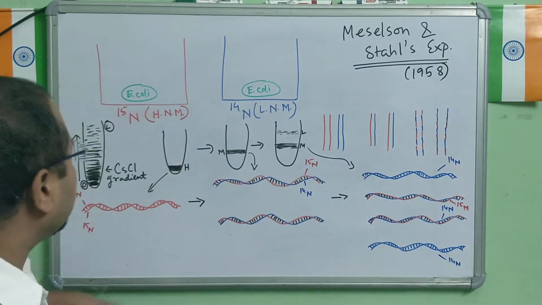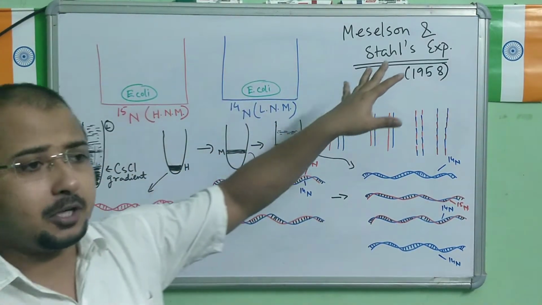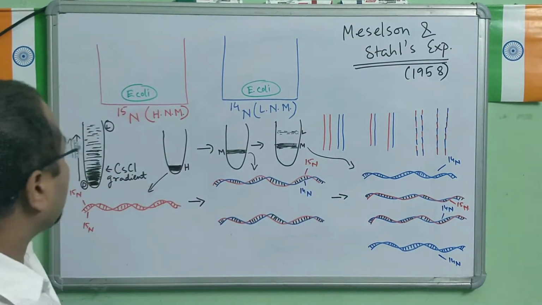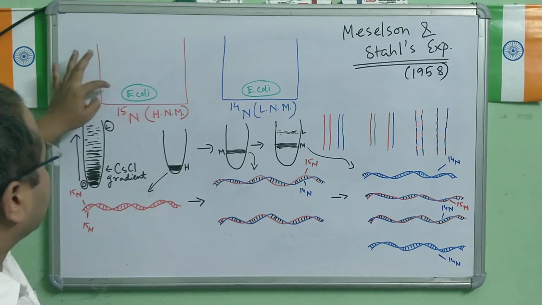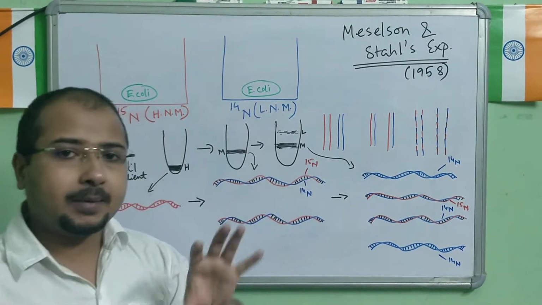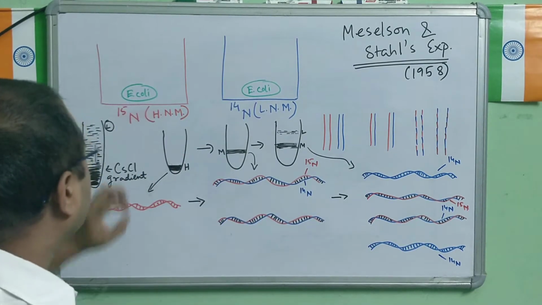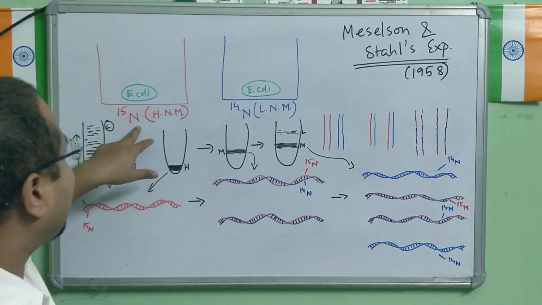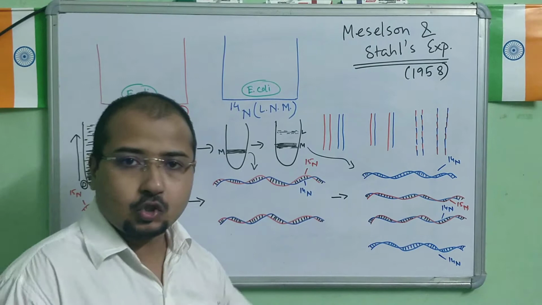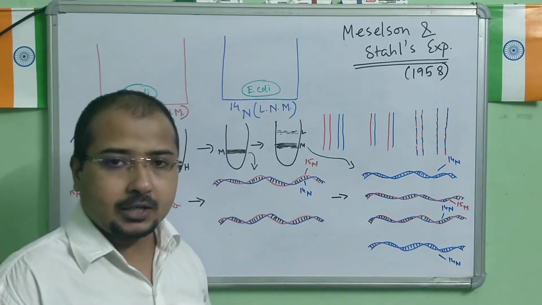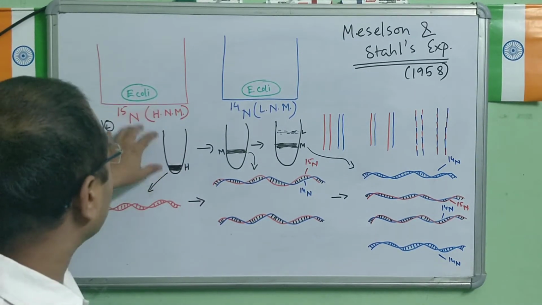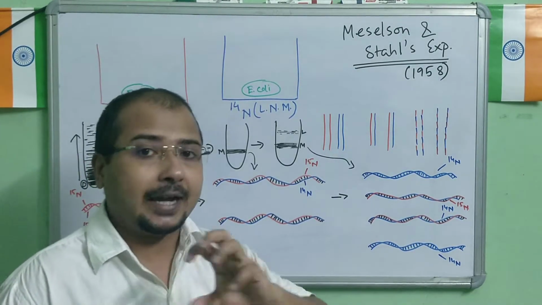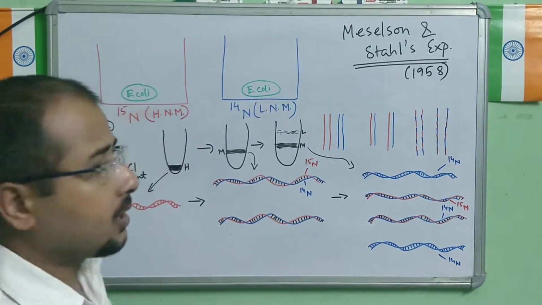You can see here that the experiment was done on E. coli bacteria. First of all, they took some E. coli bacteria and kept them in a medium which is rich in the N15 isotope of nitrogen. This was the only source of nitrogen for these bacteria.